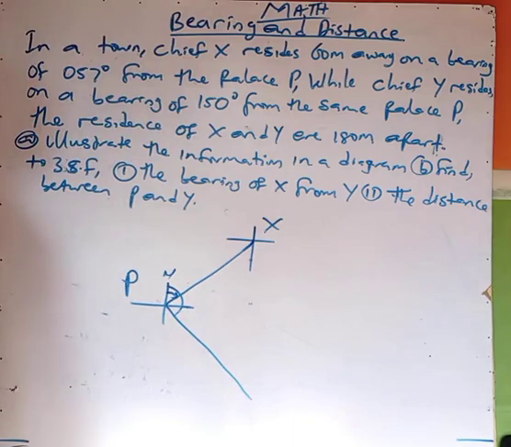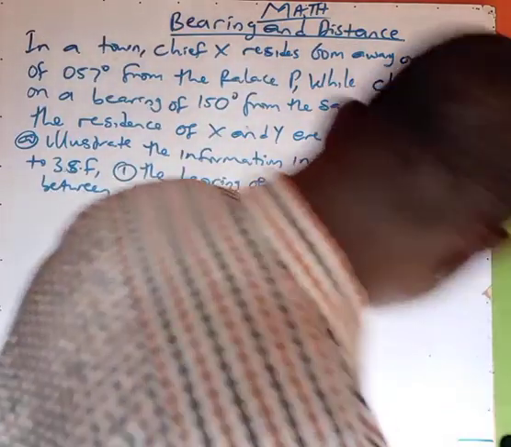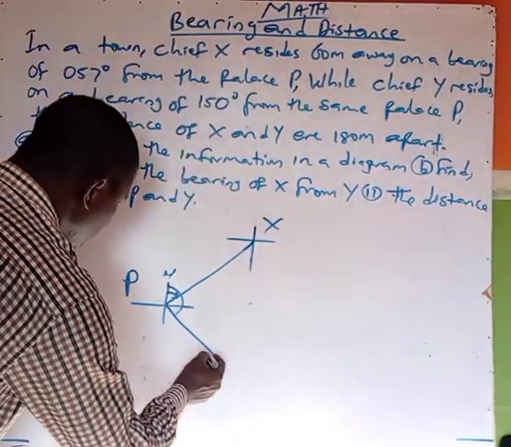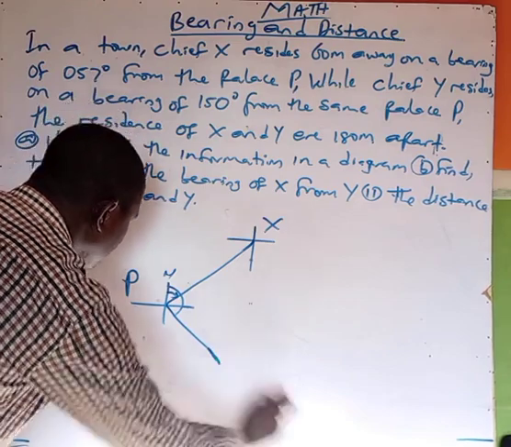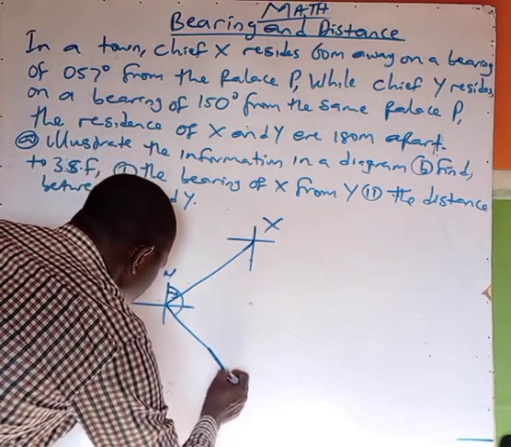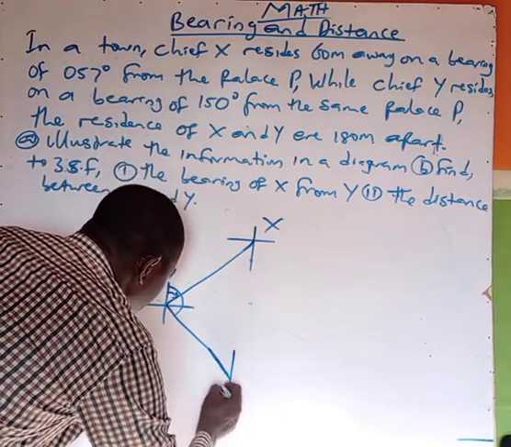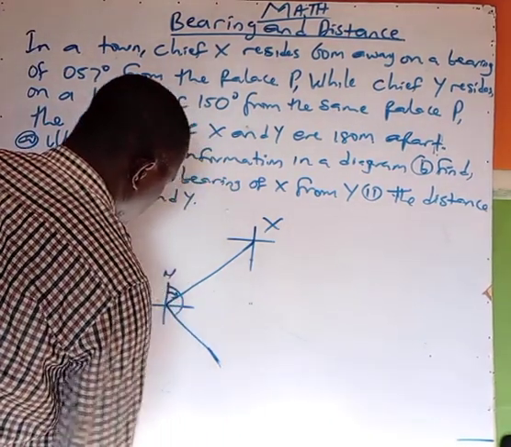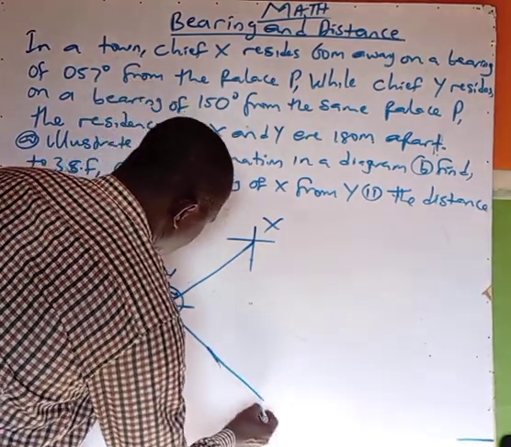So this is what you have. So when you turn like this, you have this one like this.